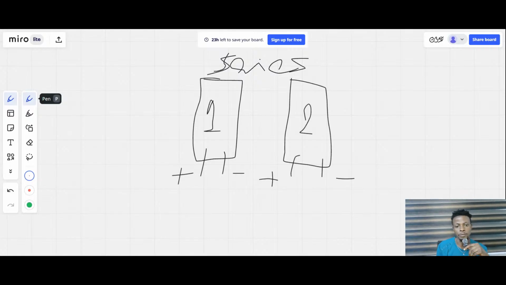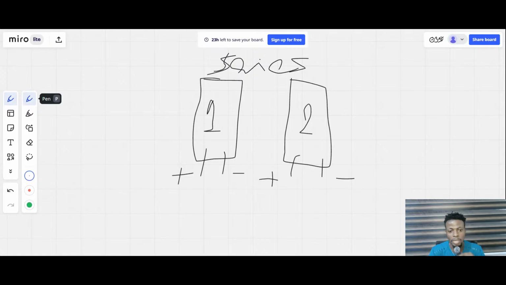So what you have to do to connect in series is to take one terminal from panel 1, take an opposite terminal from panel 2, and connect them together. I'll go again. To connect these two panels in series, take one terminal from panel 1 and take an opposite terminal from panel 2 and connect them together.